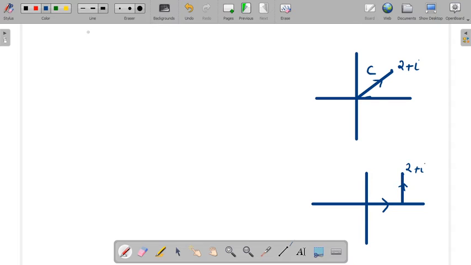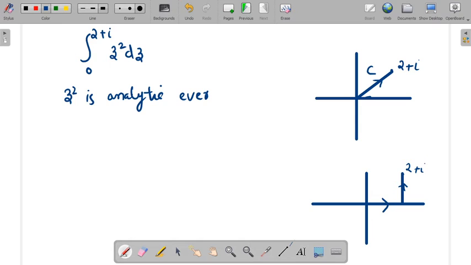Here the integrand is z square. So we are finding out integral 0 to 2 plus I z square dz. As the integrand is z square, we know z square is analytic everywhere. Every polynomial is analytic in the whole z plane. So as z square is analytic, you can integrate it just like a real function. So the integral will be z cube by 3.